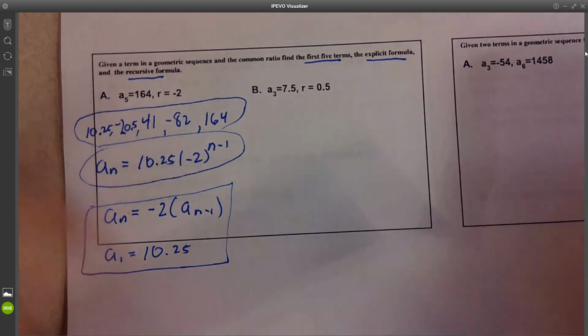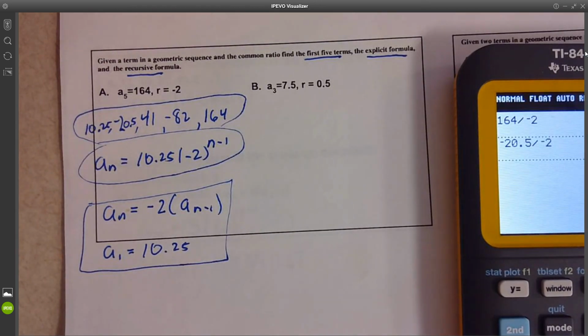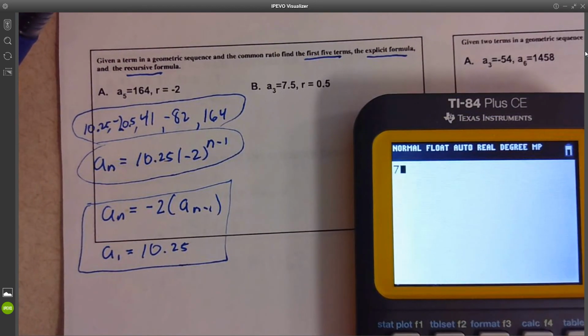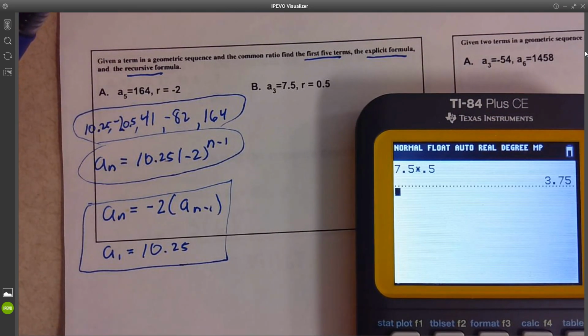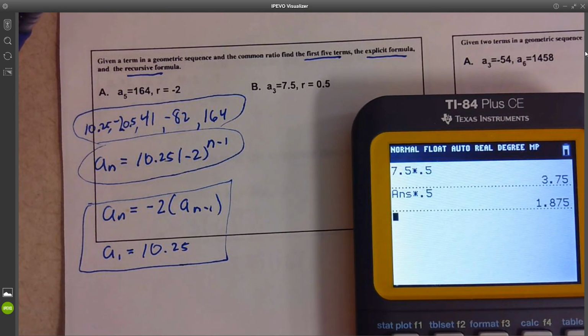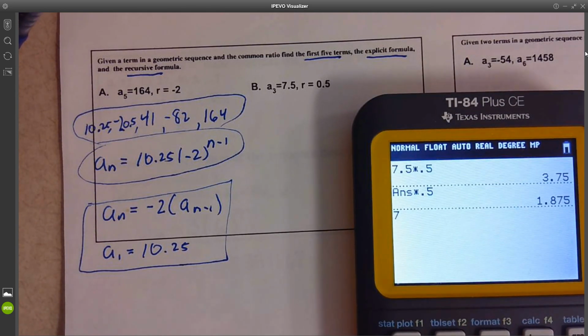-5. 7.5 times 0.5. Do you want me to do that for you? Yeah. Oh, I went the wrong way. I need to divide, right?